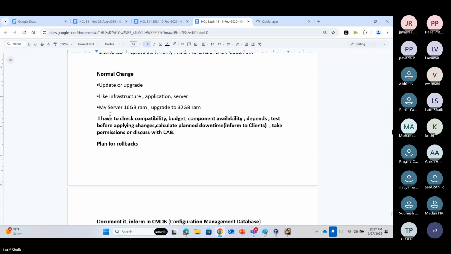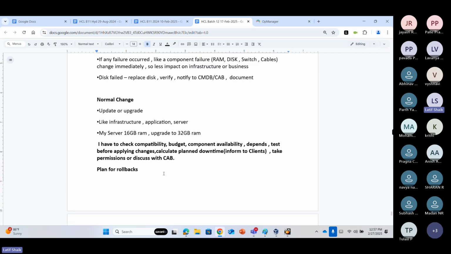You have to check compatibility, dependency, budget, component availability, test before applying changes, and calculate downtime, how much downtime is faced by the client. So you have to inform the client and take permission or discuss with the CAB.